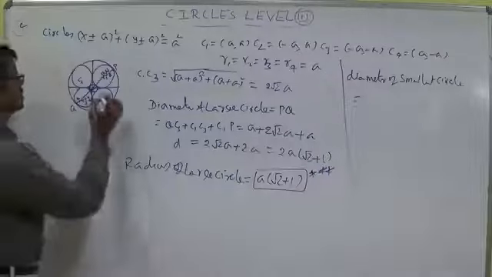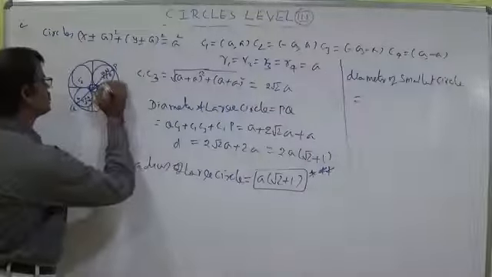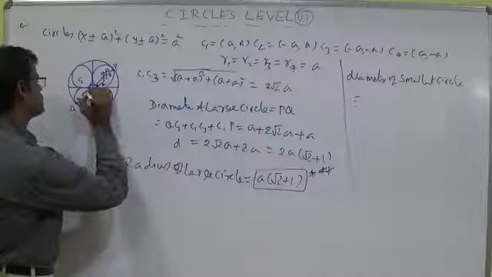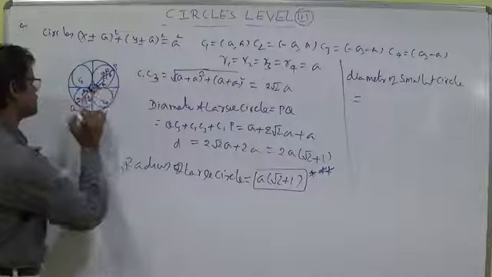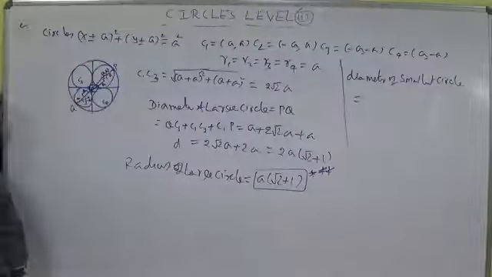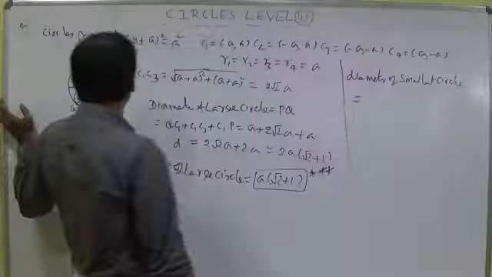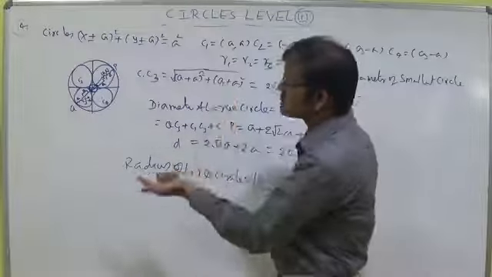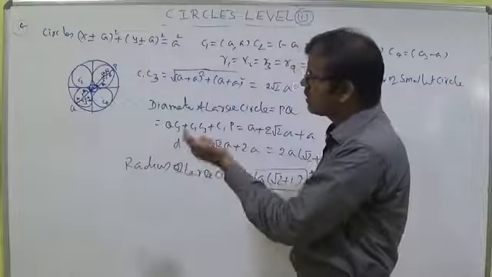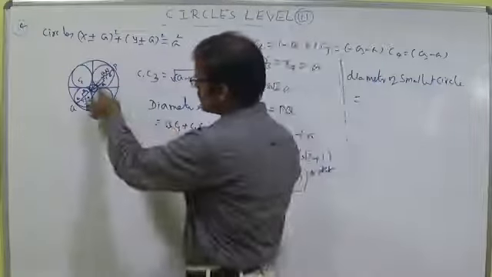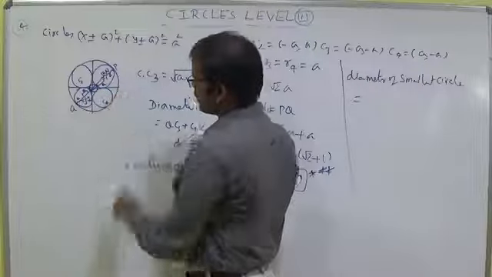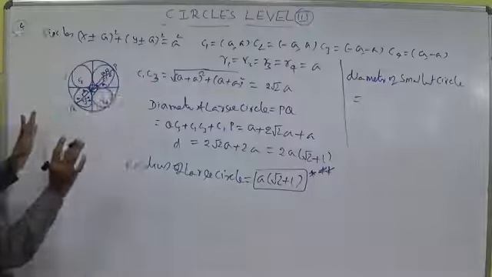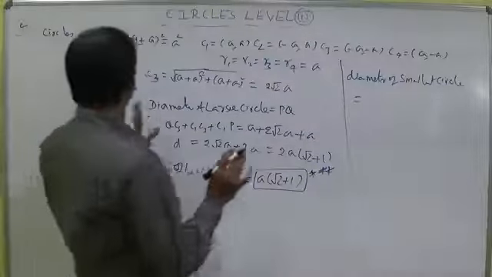Let us try to understand: this is A and this is A, because the distance from the center to any point of the circle is called the radius. If the points are R and S, don't get confused, the diagram is clumsy, so try to understand here.